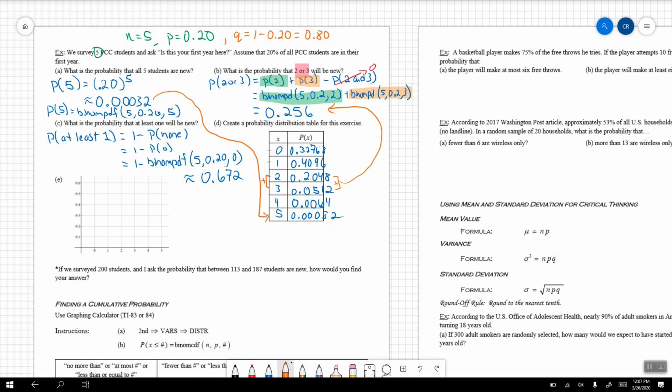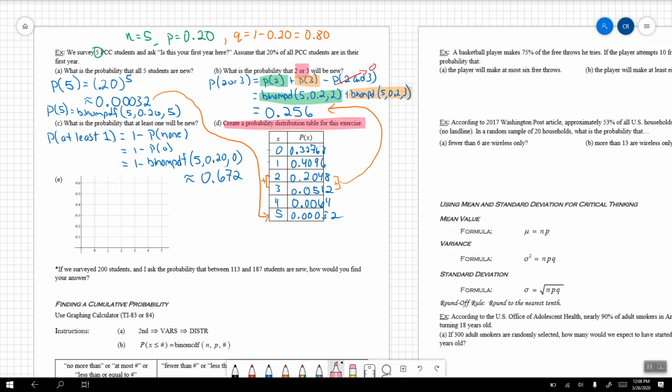We get exactly that. Which means creating a probability distribution table is very important, because it's going to list out every single probability for that distribution, which means anything that the calculator is doing, we will be able to extract from this table.